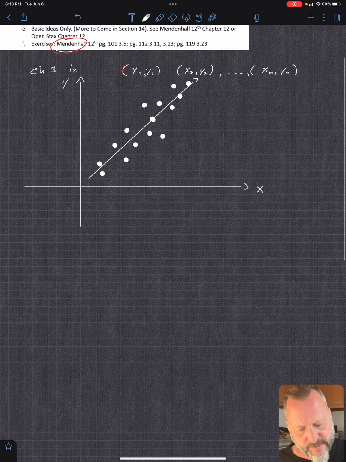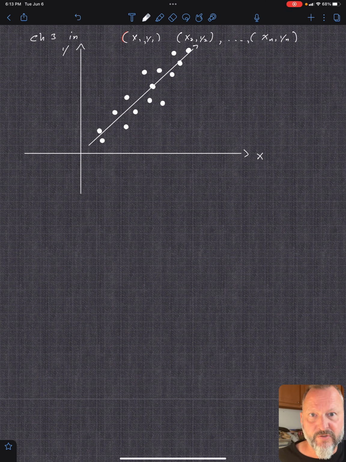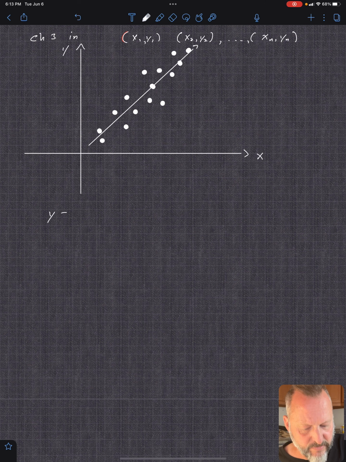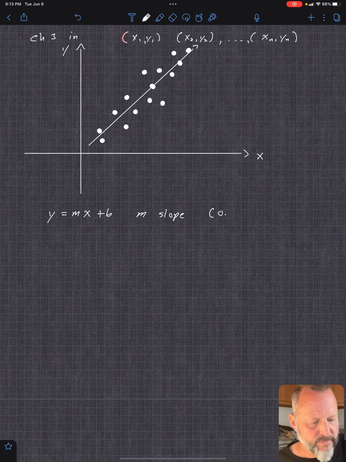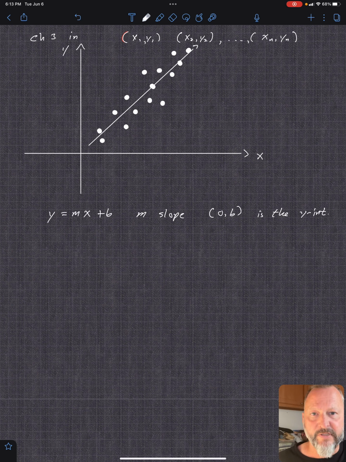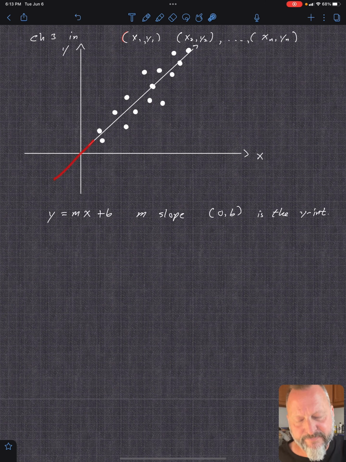So this is a short review of lines from algebra. We'll start off with y equals mx plus b. So m is the slope, and b is the y-intercept. Hopefully this is familiar. The way I drew that, it looks like it goes right through the origin. That was a little fluke; I just sort of guessed.